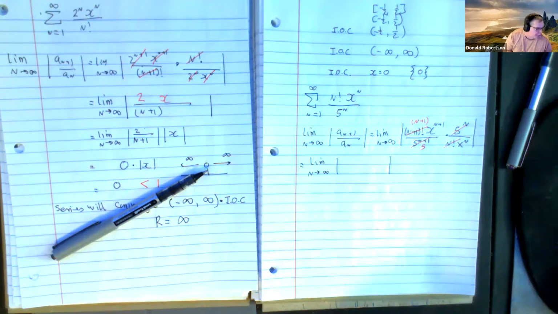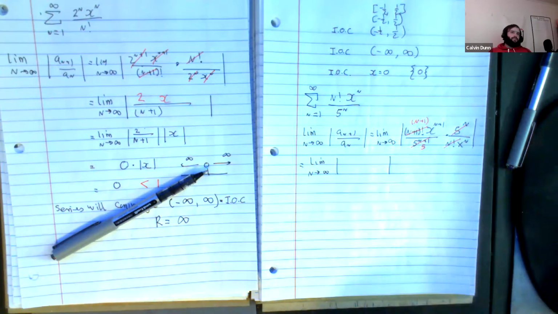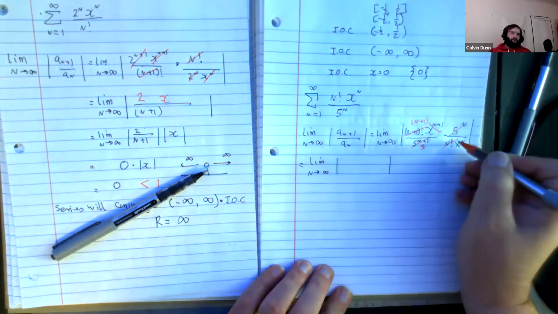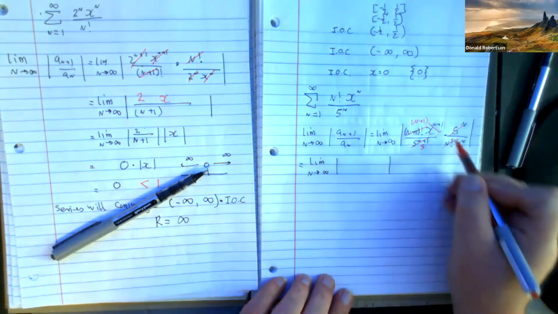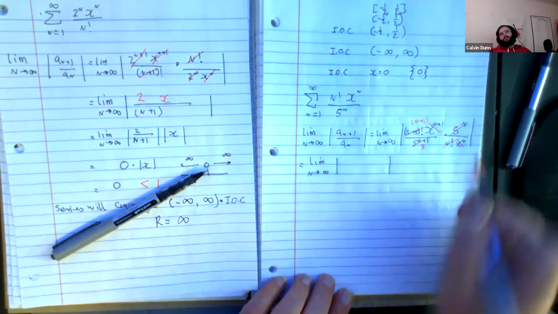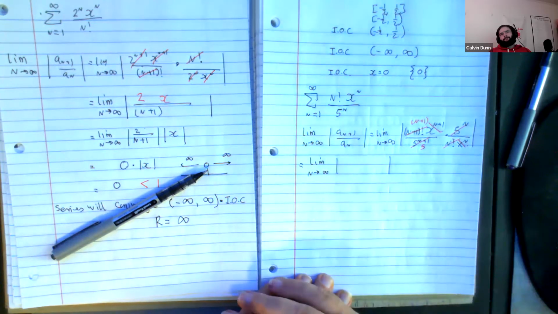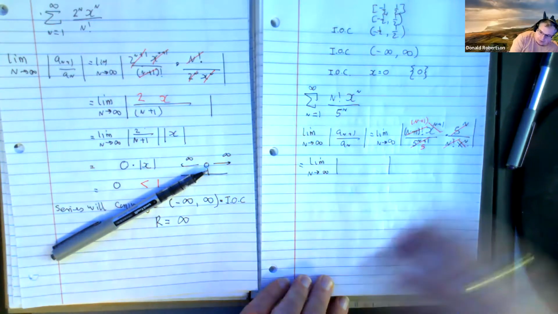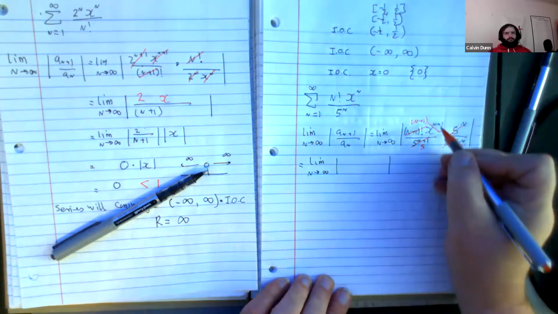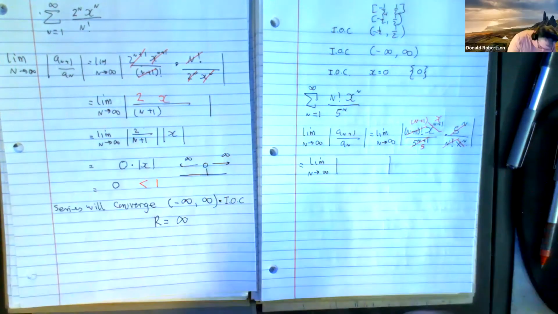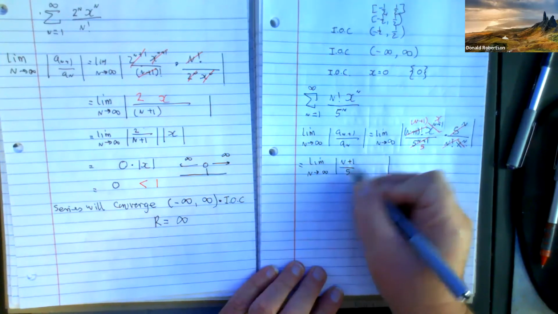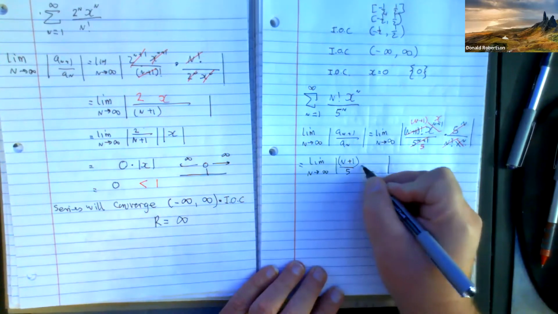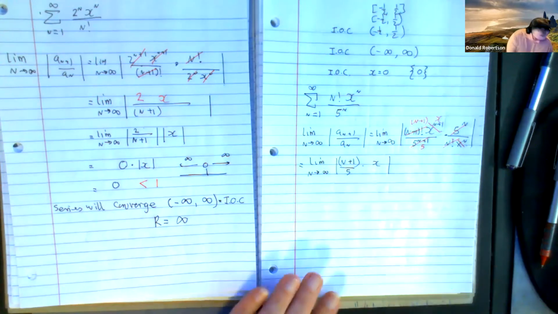Anything else to cancel? The x to the n plus 1 and the x to the n. And what's going to be left when you do that one? Just 1 x, and where will it go? Top or bottom? Top. So if we put all the pieces that are left, and there's not much, we have an n plus 1 and a 5 and an x, right?